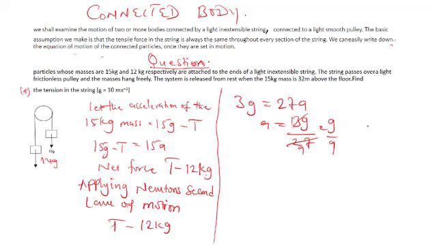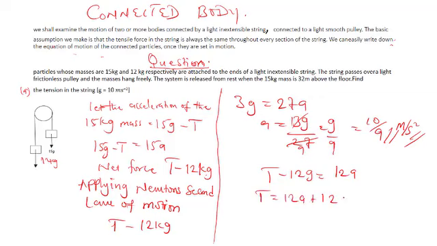Our g was given to us as 10, so a is 10 over 9 meters per second squared. With that, we can now get T minus 12g equal to 12a. So T is equal to 12a plus 12g, which is 12 times 10 over 9 plus 12 times 10.